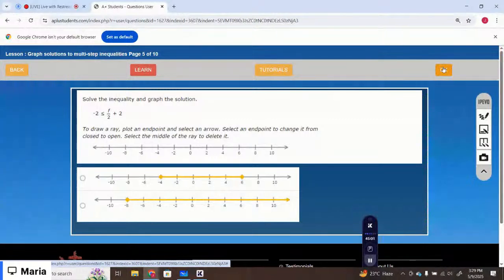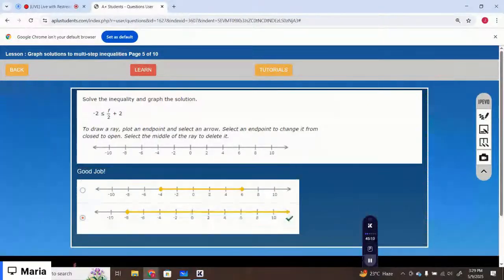Option number 2 is the correct option. That is, all the numbers that are less than negative 8 are the solution of the inequality.